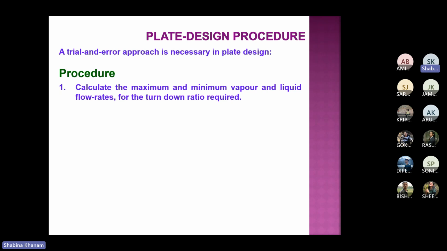Okay, so whatever is given to you in the problem, if nothing else is stated, we can consider that as the maximum flow. And considering the turn down ratio, we calculate the minimum flow. Turn down ratios are usually given to us, like 70% or 75%. The minimum flow should be 70% of maximum, something like that is given. Okay, so the turn down ratio will be given to you. One of the flows will be given, so you can calculate the other flow.